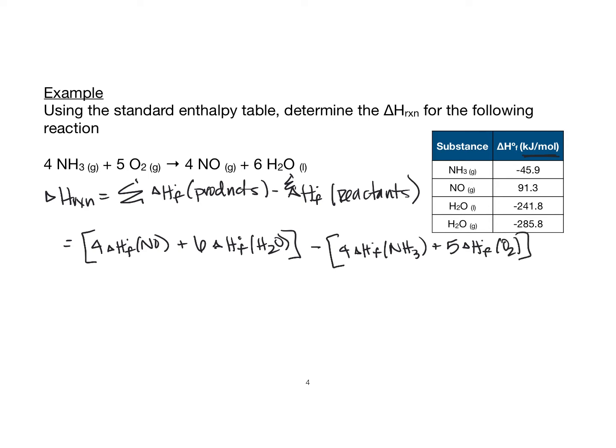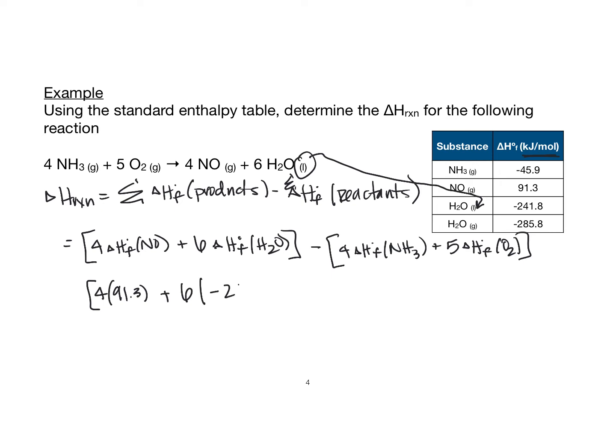Now, with access to the table, we can start to plug in values. So we have 4 times 91.3 plus 6 times, which one of these values do we need? This is liquid, so this one is the right value. Notice that the second H2O has the wrong state.